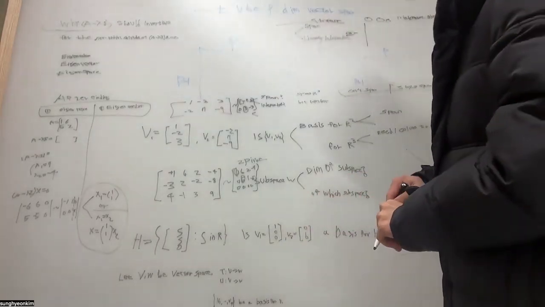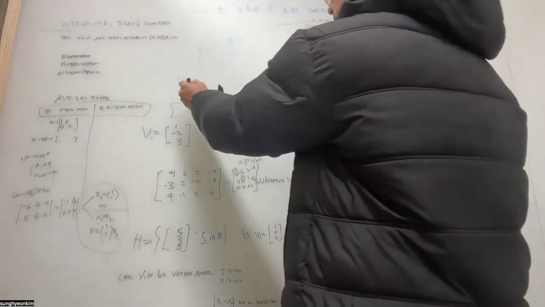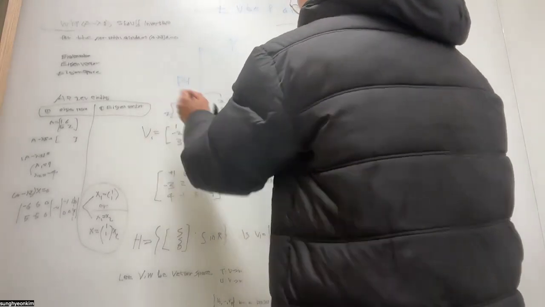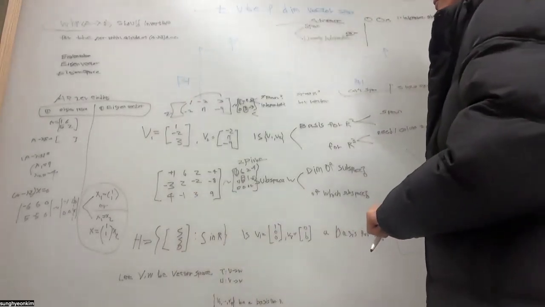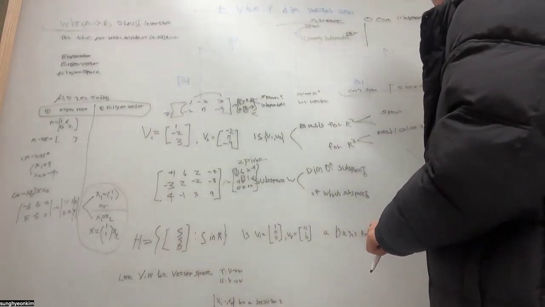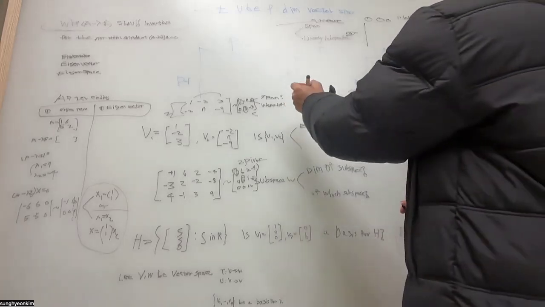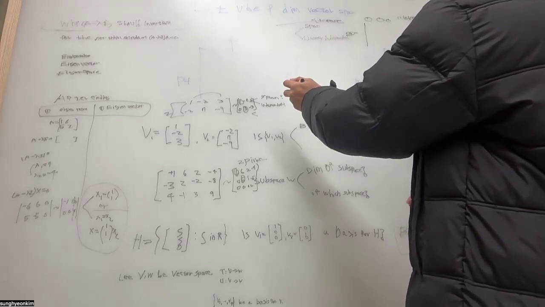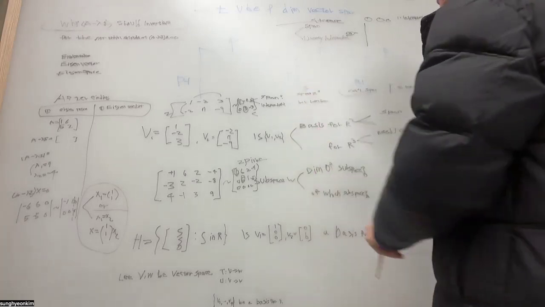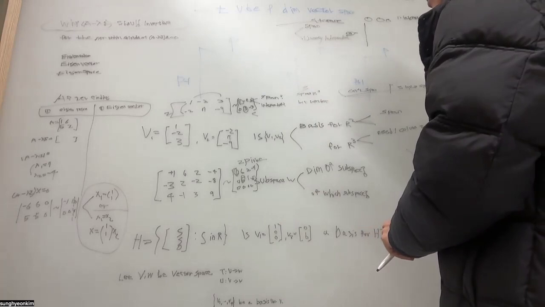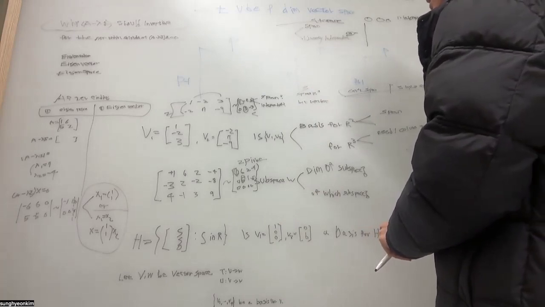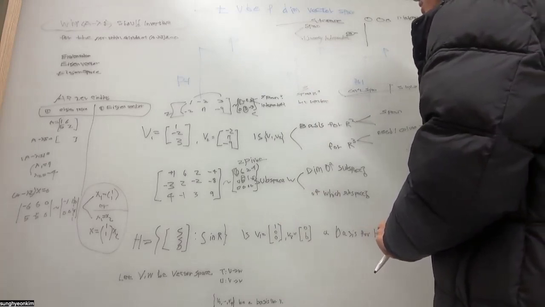For the first problem, it has 3 columns and 2 rows. If we ask if it can span R3, then it should have 3 independent columns.